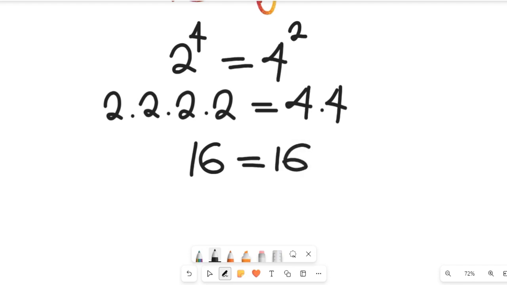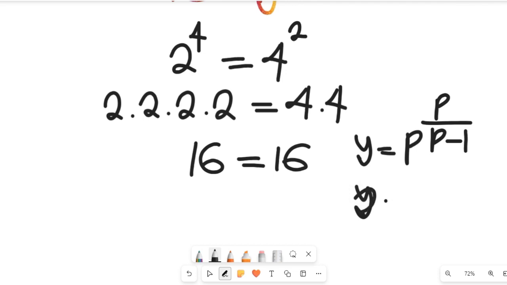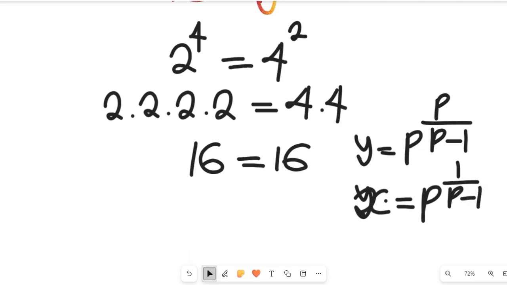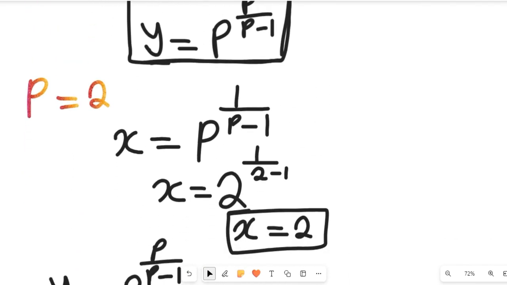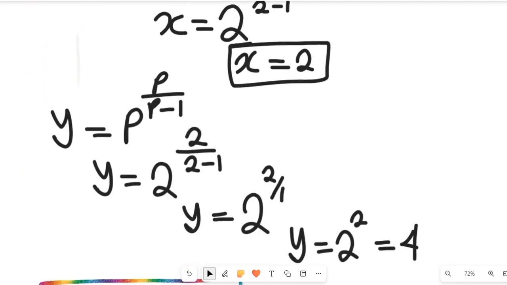So that means the equation that our y is equal to p to the power of p divided by p minus 1, right? And our x equal to p to the power of 1 divided by p minus 1, according to what we got up there, is absolutely right.